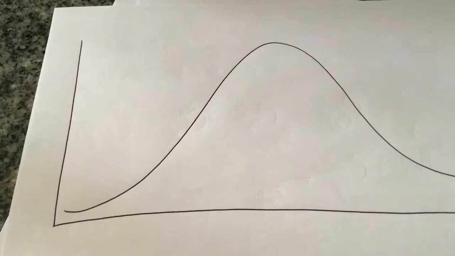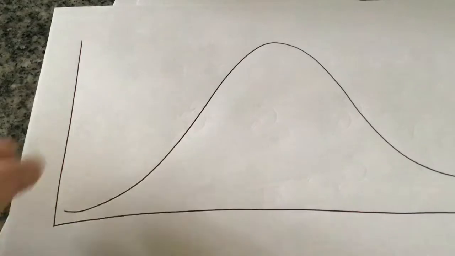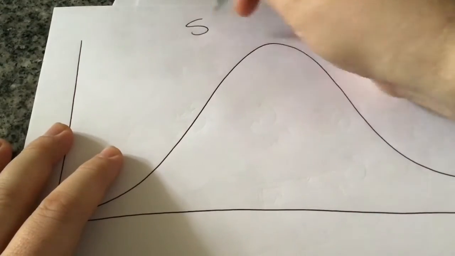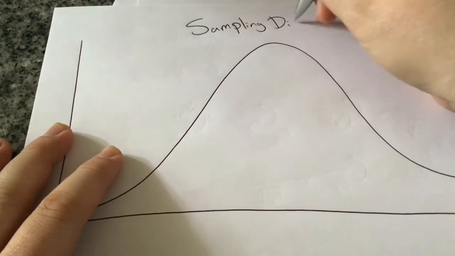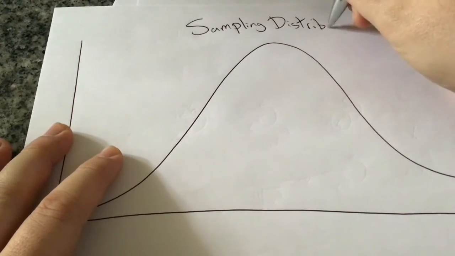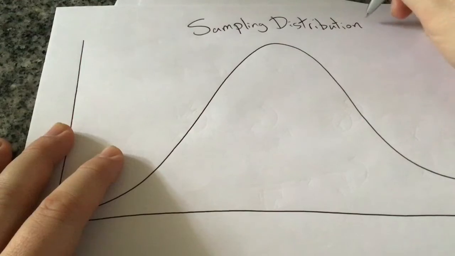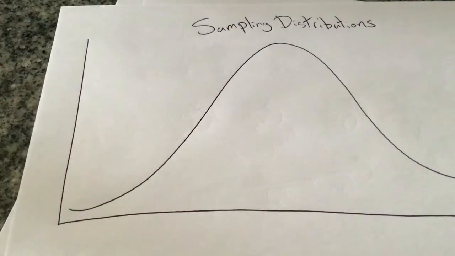So anyway, I was wanting to talk about this shape here, this normal distribution. What we are going to be talking about in this unit is something called sampling distributions. Now, what is the difference between that and a normal distribution like we had before?